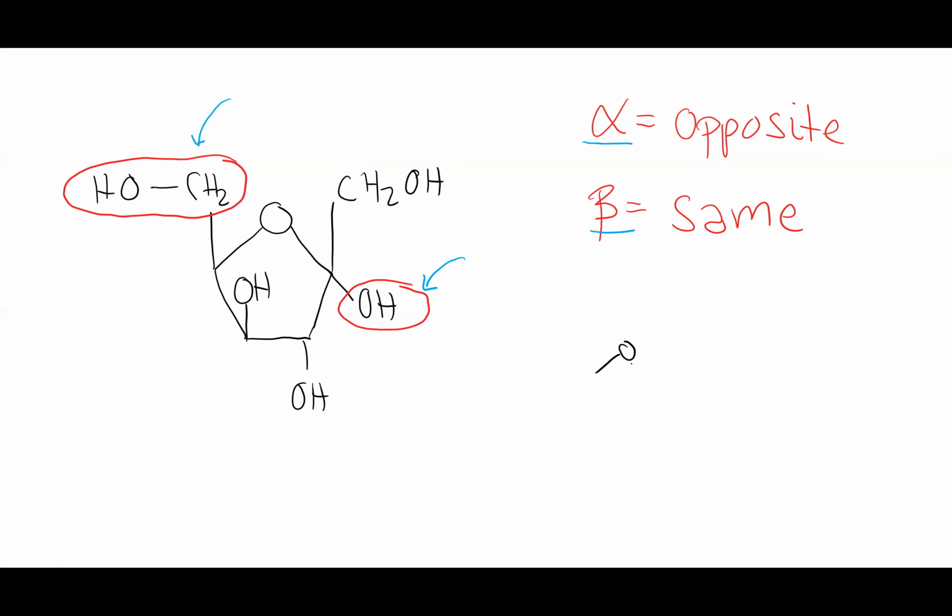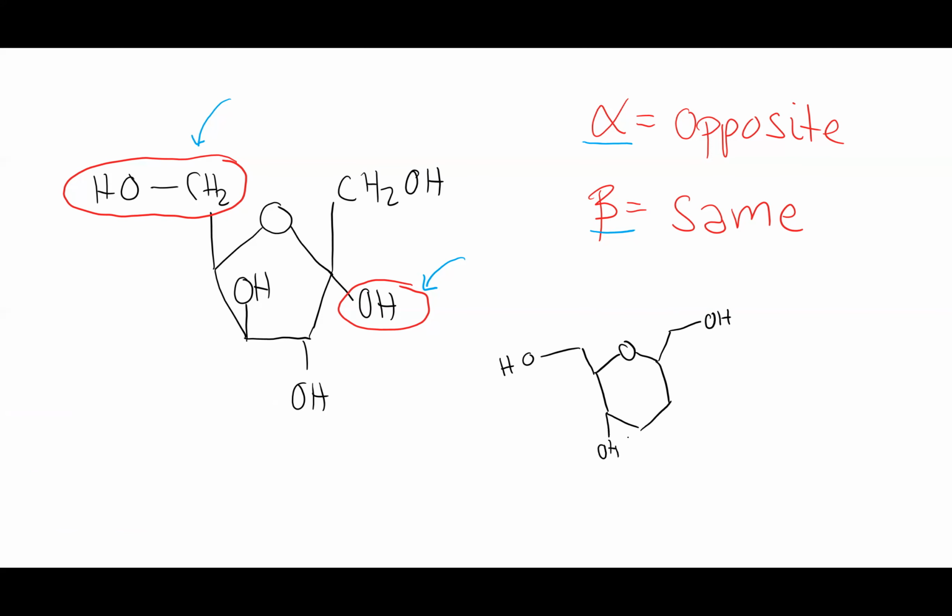Here's another ring. I'm going to do a 6-membered ring. And this is going to be a ketone 6-membered ring. So it has a CH2OH group on both sides here.